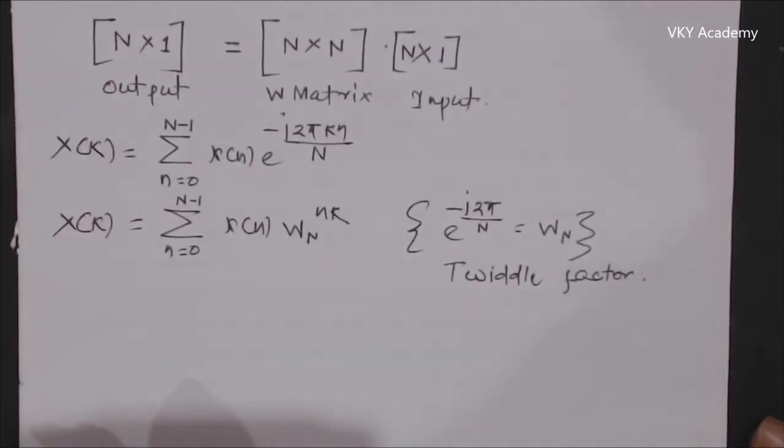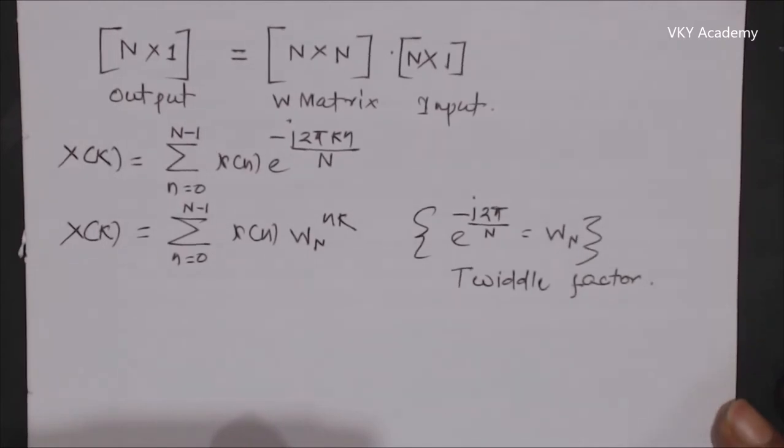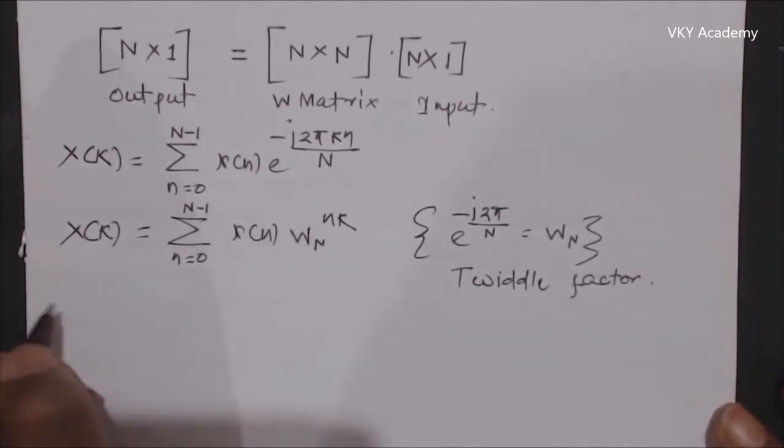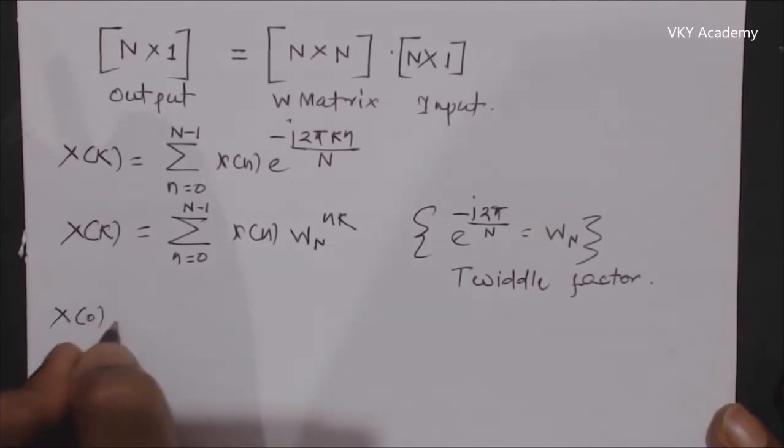Now let us find out the DFT result for different values of k from 0 to n minus 1. The first value will be capital X of 0, where k is equal to 0.